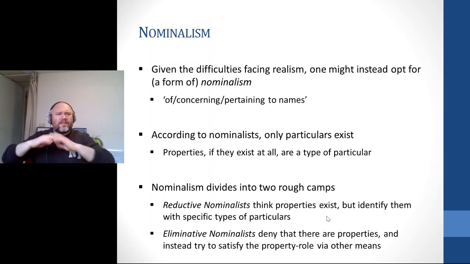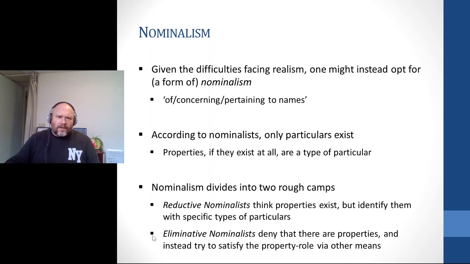These deny that there are properties at all. So there aren't any properties according to the eliminative nominalists. Instead, if there's anything that plays the property role, it's going to be something else. Exactly what that is going to depend on the particular view we have in mind, but that's kind of up for grabs.